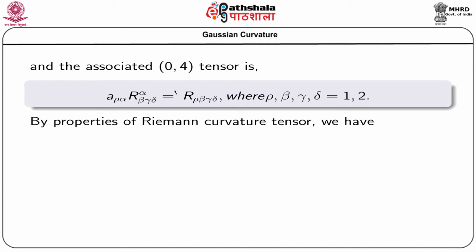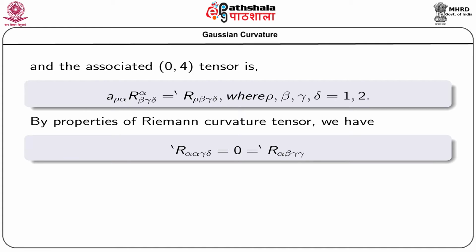Now, by properties of the Riemann curvature tensor, we have R dash alpha alpha gamma delta equals 0 equals R dash alpha beta gamma gamma, because if the first two indices are equal, the Riemann curvature tensor vanishes. So, these relations come.